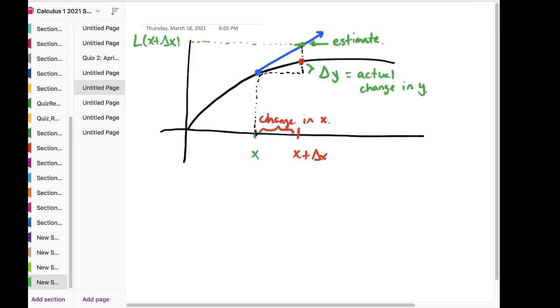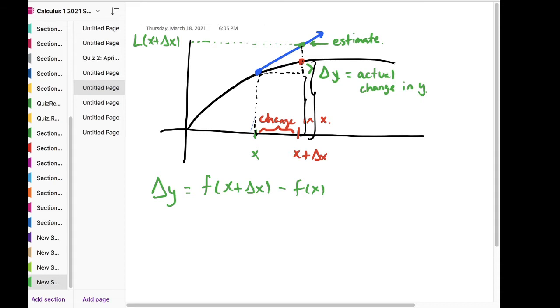so what is the change, by the way? It's the change from the y value at x to the y value at x plus delta x. So delta y is precisely equal to f of x plus delta x minus f of x, right? It's this value minus this value.